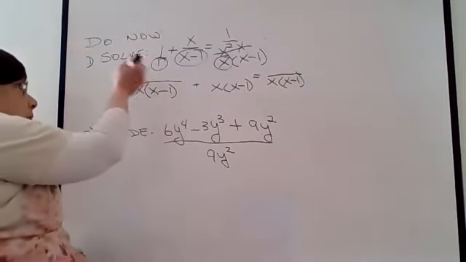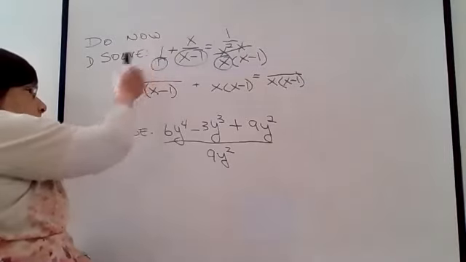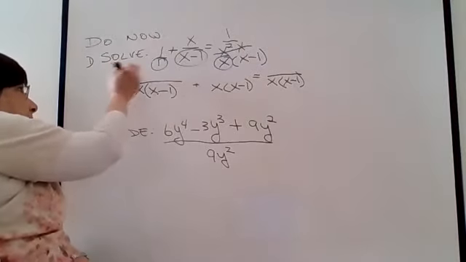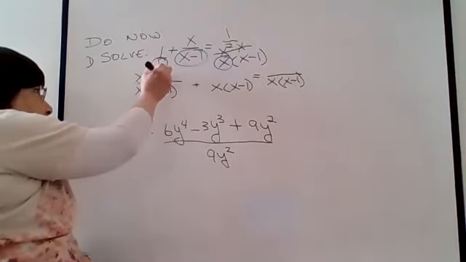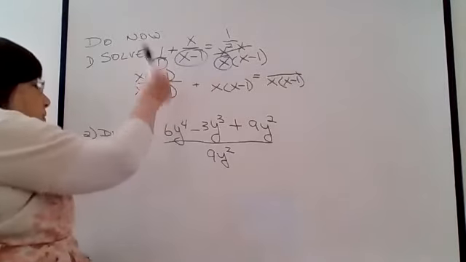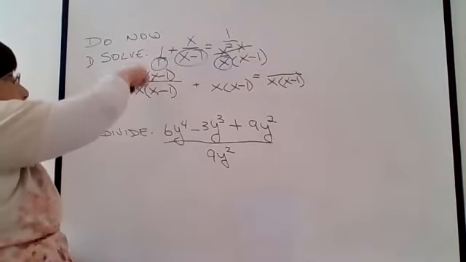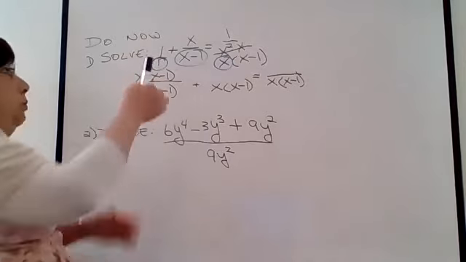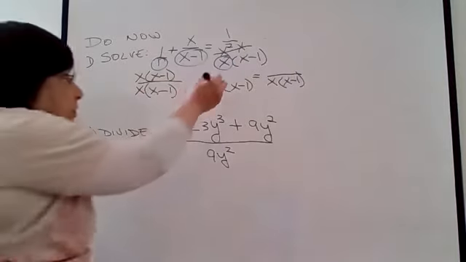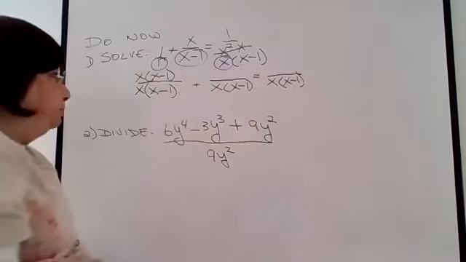So when I divide the 1 into this whole thing, I get the x and the x minus 1, which makes sense. This fraction was equal to 1, so the numerator and the denominator have to be identical.